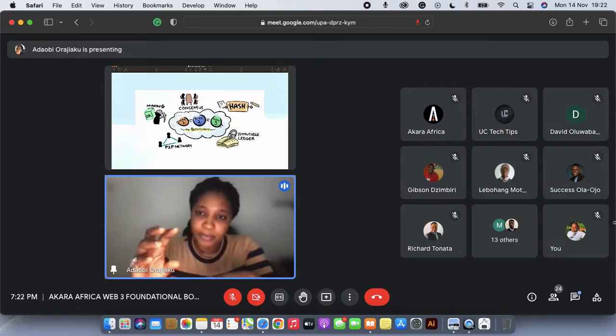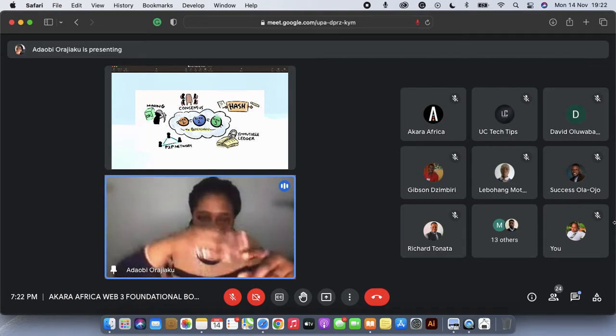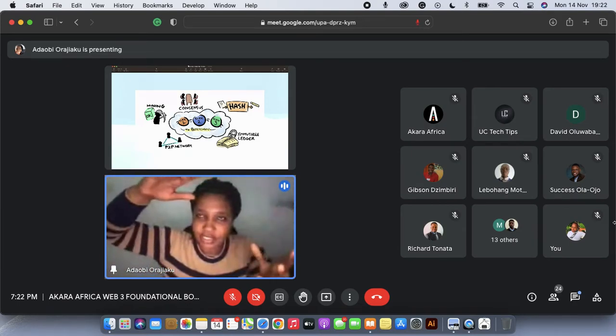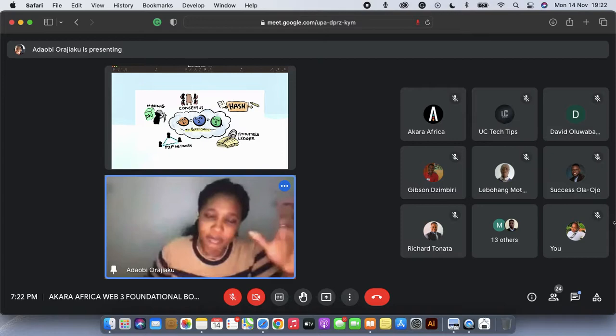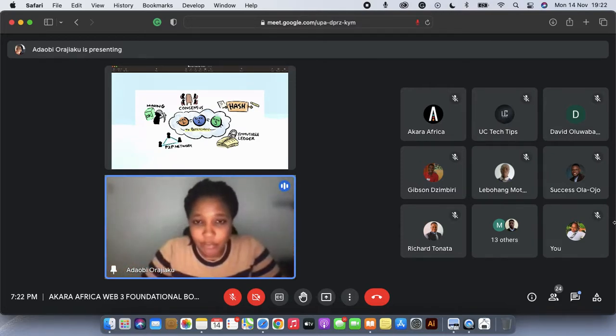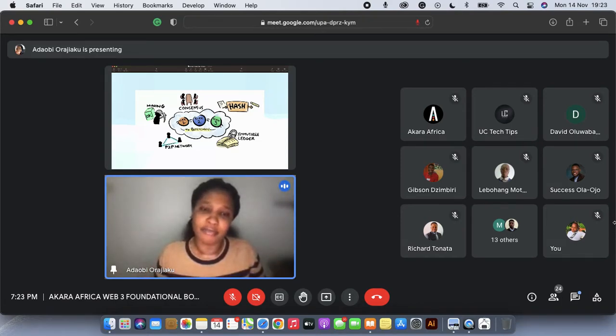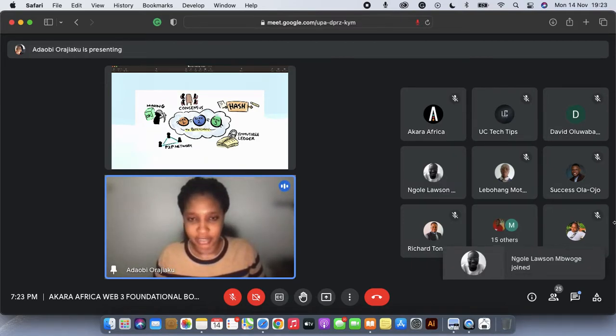So if you have a block of data on Ethereum and you print out the string of the encryption codes, because some of us are developers, and try to replicate the exact same thing, it should fail on Binance or on Bitcoin, because they all have different individual encryption techniques, right?